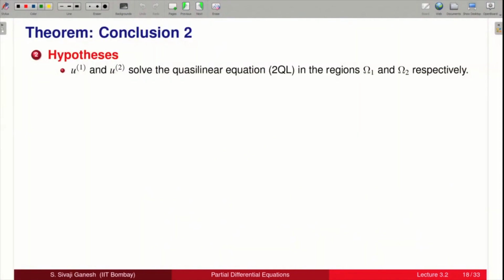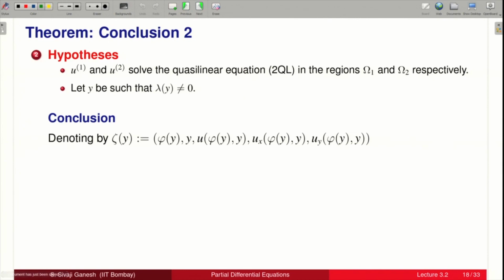Let us look at the conclusion 2 of the theorem. For that we assume the hypotheses: u1 and u2 solve the quasi-linear equations in the regions omega 1 and omega 2 respectively. Let y be such that lambda y is not equal to 0. Recall, lambda is the jump in uxx at the point phi y comma y.